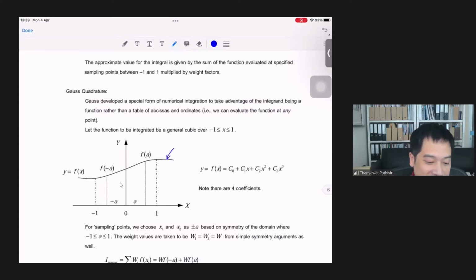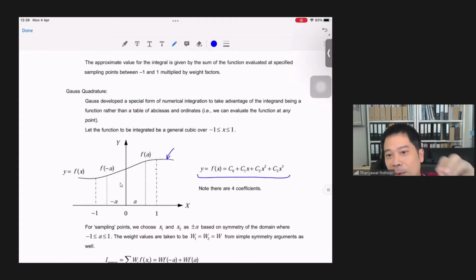Okay. So in this example, I'm going to start by looking at this function right here, okay, which is a polynomial of order 3. Okay, so it's a cubic function in this case. Now I'm trying to find the sampling points which will closely approximate as much as possible the exact integral of a cubic function.